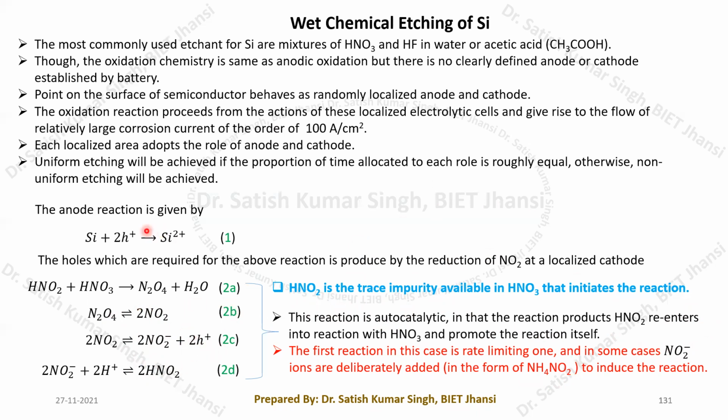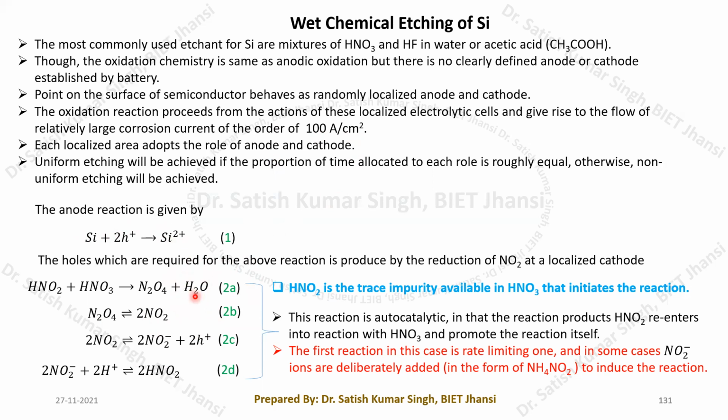Now once we have this hydrogen source, meaning these holes, the holes convert the silicon into silicon 2 plus ions. Within this we have H2O also: we add certain water, or there will be a reaction product as water.